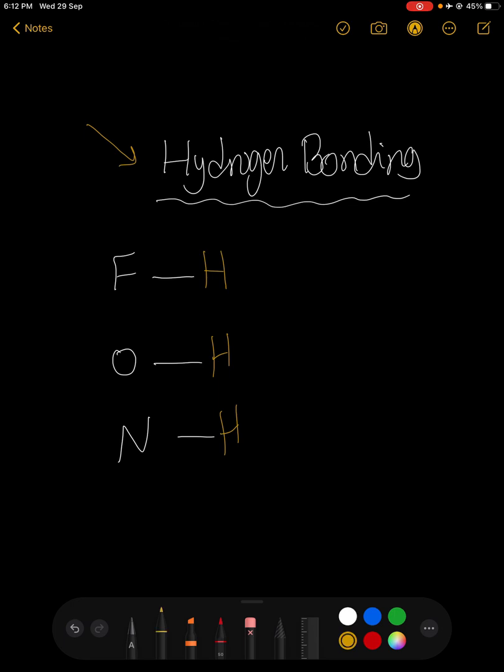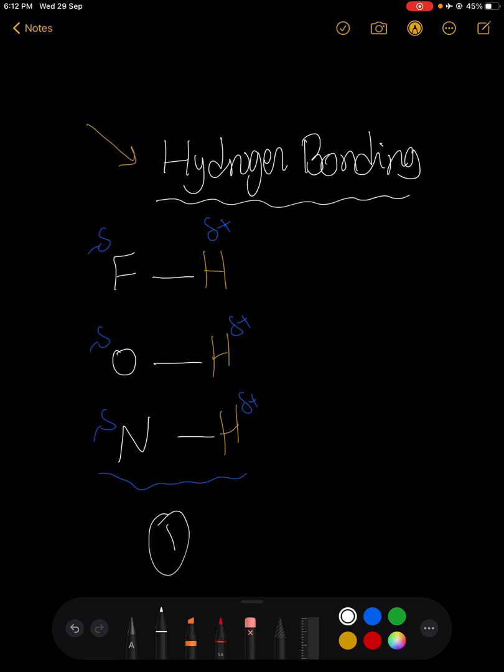In this case, as we can see, the hydrogen here is partially positive. And you know the electronegative atoms are always partially negative. So this is the first condition: a hydrogen that is covalently bonded to one of the most electronegative atoms in the periodic table. This is condition number one.